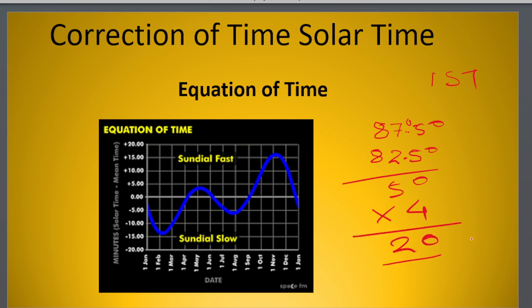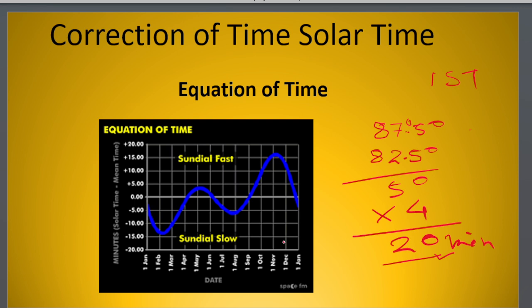I am 20 minutes ahead of the Indian Standard Time. So from 8:30 you take away 20 minutes, and you can see it matches the digital time, the Indian Standard Time, which is about 8:10 a.m.